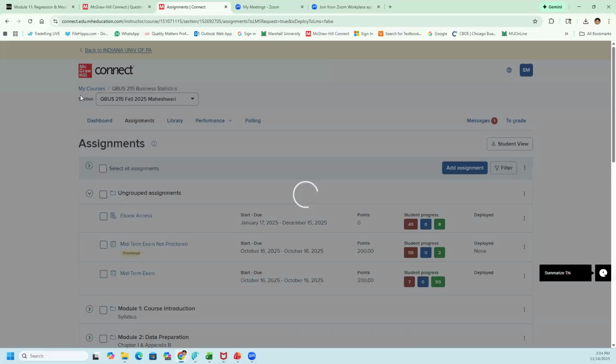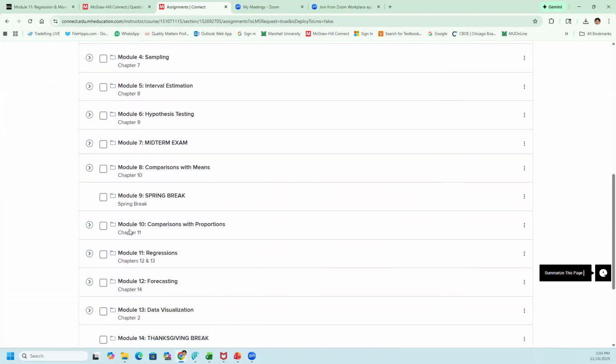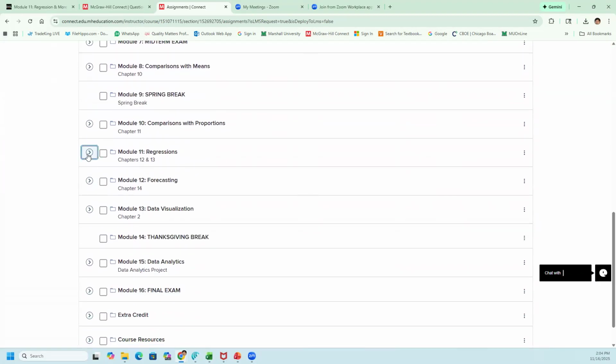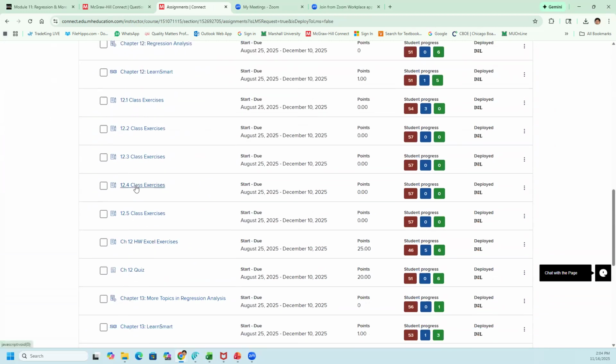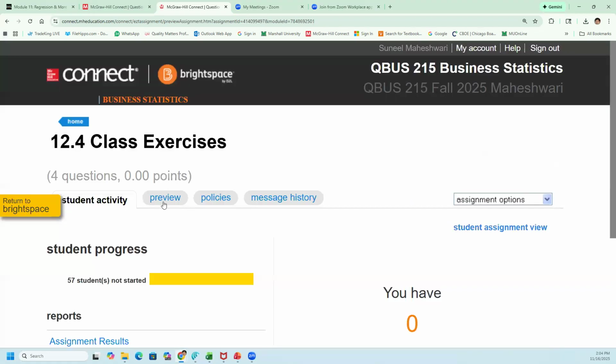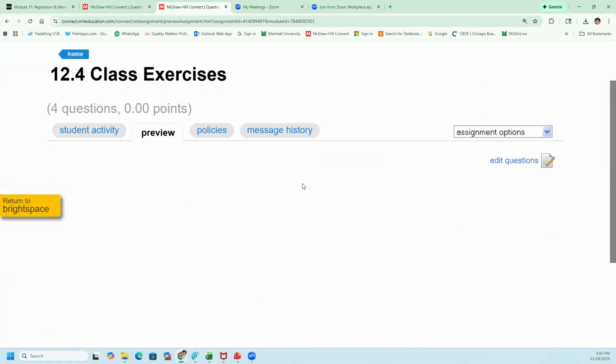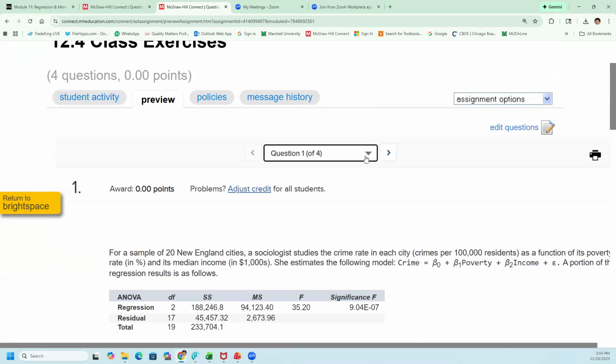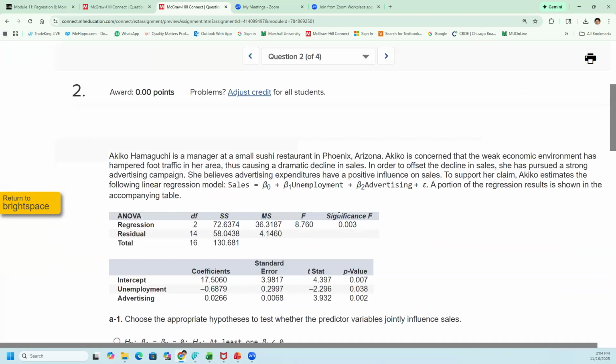Moving on to chapter 12, class exercise 4. Very same concept.